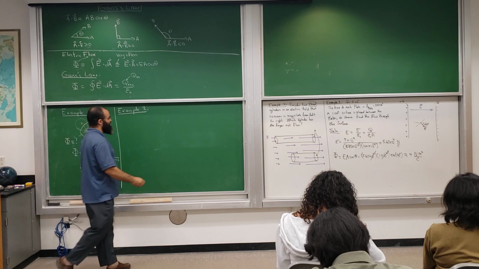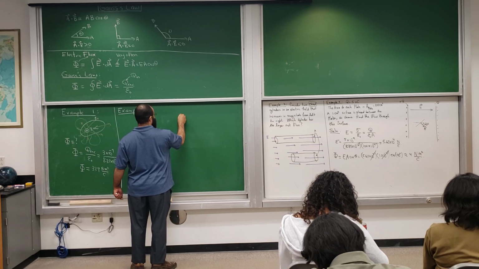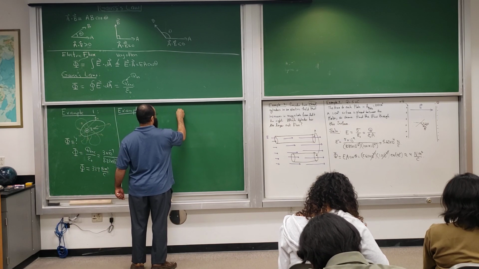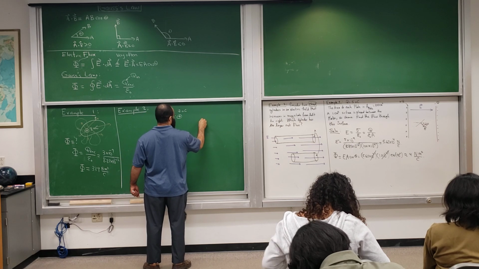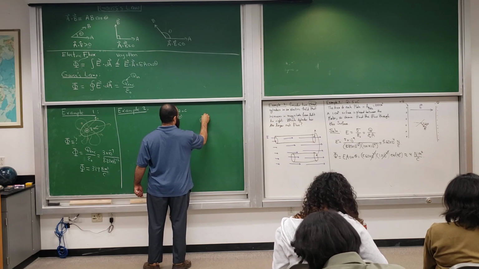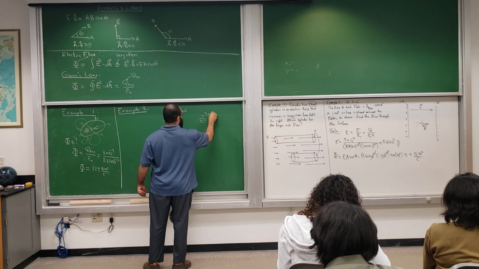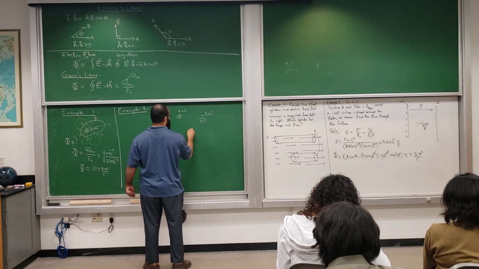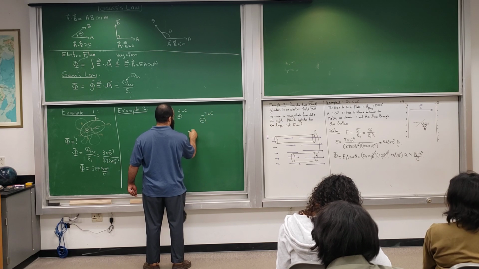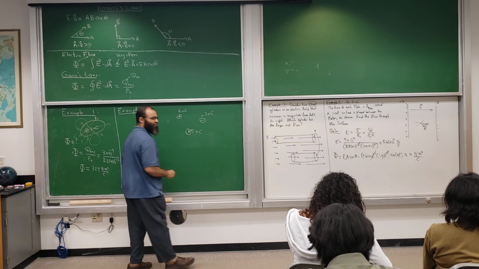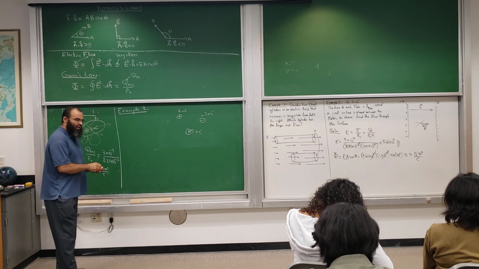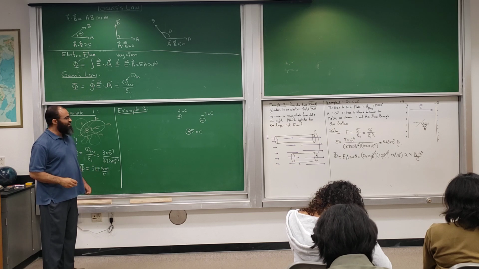So here is the next example. Let's say I have a positive 7 nanocoulombs, a negative 3 nanocoulombs, and maybe positive 5 nanocoulombs, okay? I got 3 charges. And I'm going to make 3 surfaces.